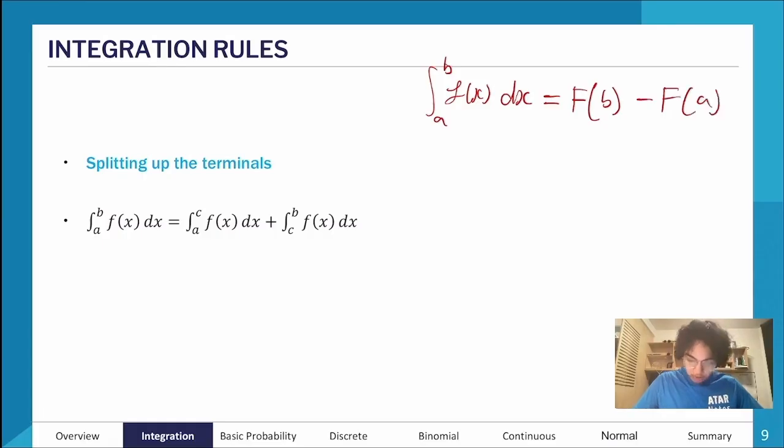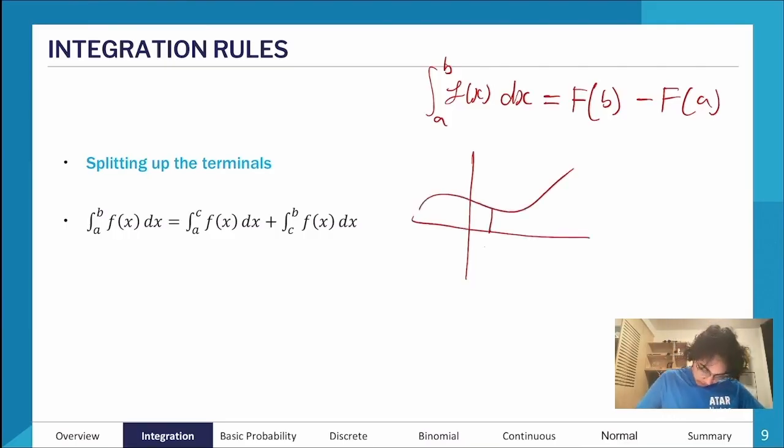What splitting up the terminals says is that, let's say I have some function that looks a bit like this. If I want to take the integral from a to b, and I know some third point as well, maybe some point c, I can take the integral from a to c, which is represented by this, and then add that to the integral from c to b, which is represented by this.